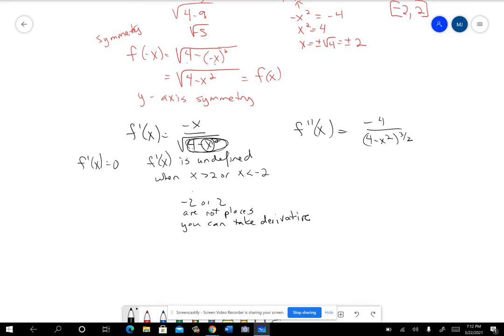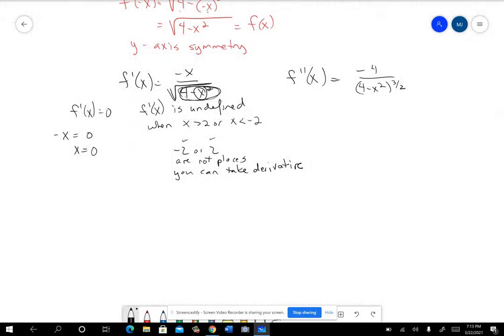We're going to find out in a minute why that happens. You might already have an idea. The square root, it stops. See how it stops there? For a derivative to exist, the limit from the right and the limit from the left have to be equal. And so you're going to wind up having a situation where it doesn't exist, because you only have it on one side there. Now f prime of x would equal 0 when negative x equals 0. So that means when x equals 0.